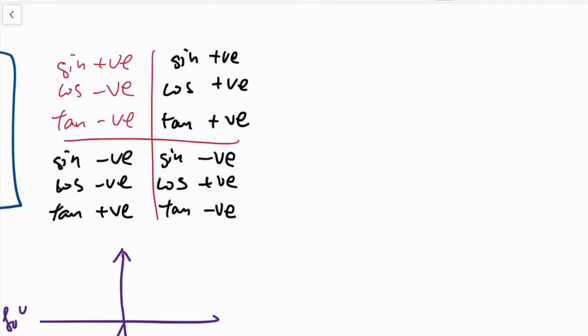So in some sense, you could go through what I just did. Just look at the point and think about whether the x coordinate and the y coordinate are positive or negative. Okay, but usually what we do is the following. We try to write down which trigonometric ratio is positive in each quadrant.